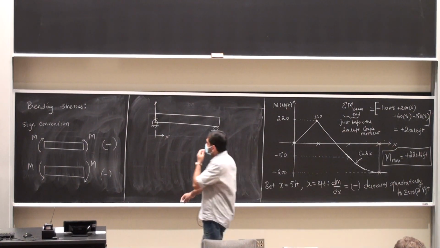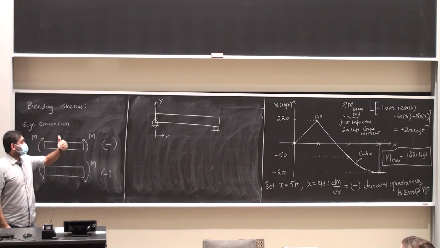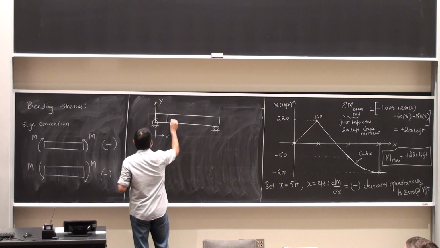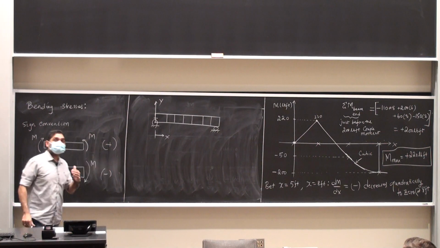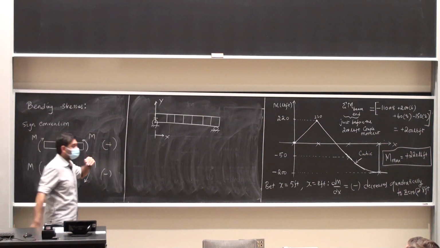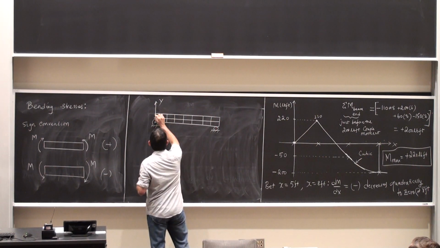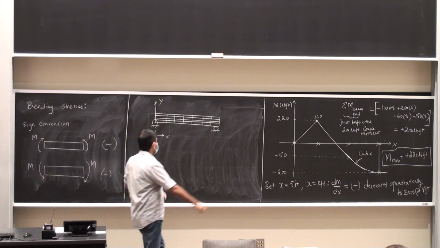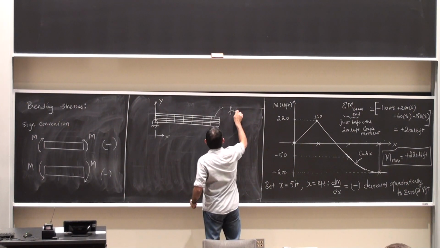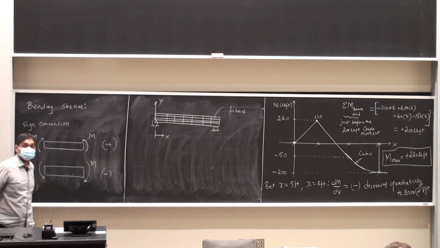This is why you're learning about centroids, so bear with me for the time being. This is the y-axis. I'm going to draw vertical line segments on the beam. These are vertical lines. Then I'm going to draw horizontal fibers. Those are horizontal fibers. And I'm going to label the length of the beam as capital L all the time.